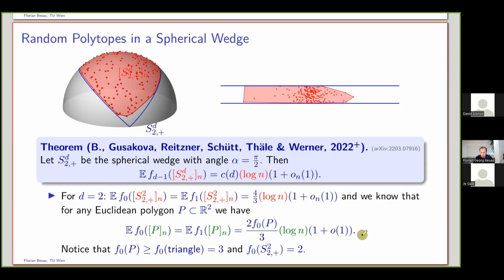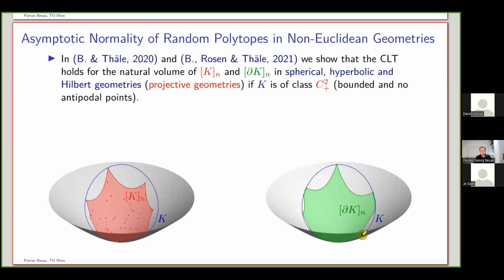Coming to the end of this presentation, let me just mention that in this theory of spherical convex polytopes, we also look at these random polytopes where your points are not drawn from the inside, but on the boundary of K. We have some recent results here for central limit theorems in the strictly positively curved case with Daniel Rosen and Thiele.